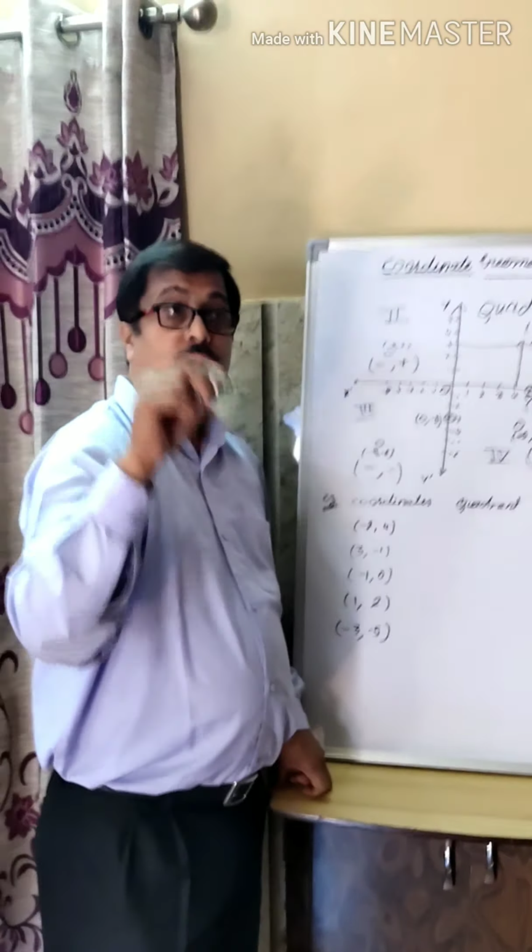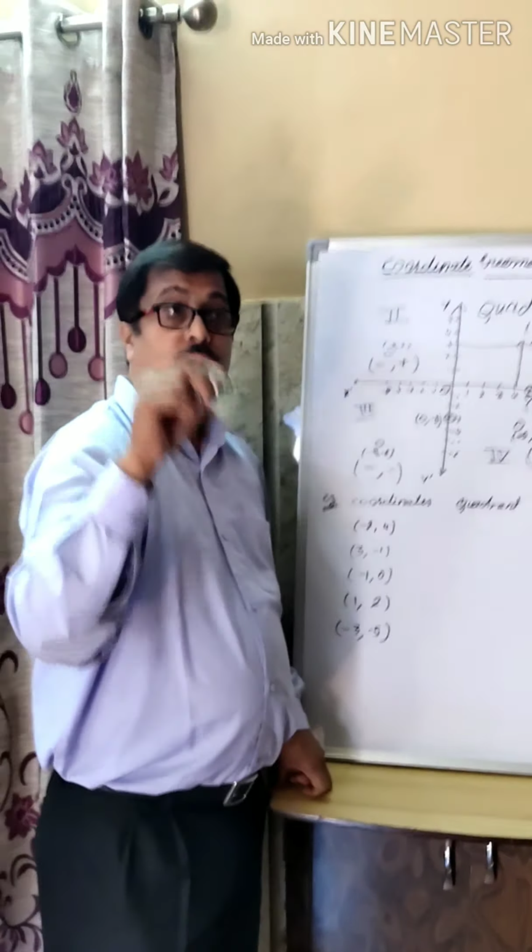Clear? So -2, 4, in which quadrant does it lie? -2, x minus, y plus, it lies in the second quadrant. And if x is positive and y is negative, it will lie in the fourth quadrant.